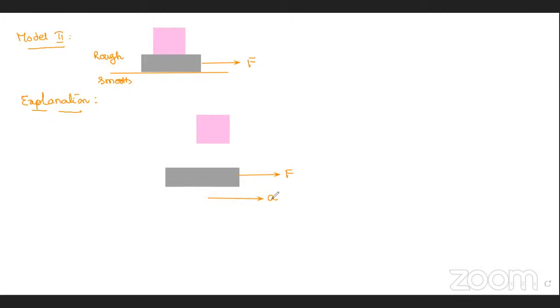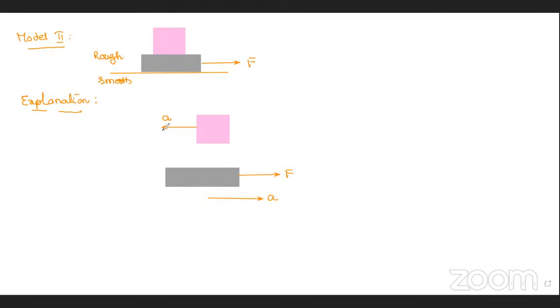There is no opposing force, which means surely it tries to move with an acceleration A. If its acceleration is A, then immediately the pink color block experiences the pseudo acceleration in the backward direction. This is the pseudo acceleration A. Is it correct? What I wrote here, opposite direction.